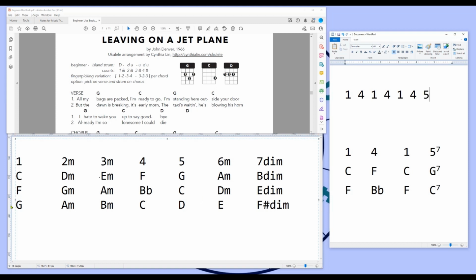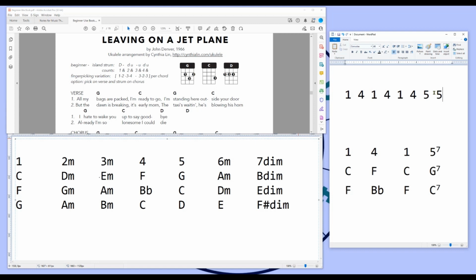So G was a 1, C was a 4, G, 1, 4, 1, 4, and then you ended on the 5, which is a D. That's the literal chord progression, but we would probably just refer to that as a 1-4-5 progression.